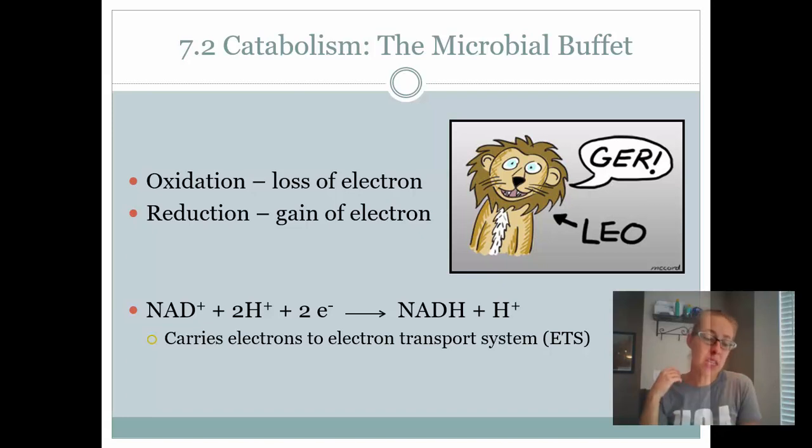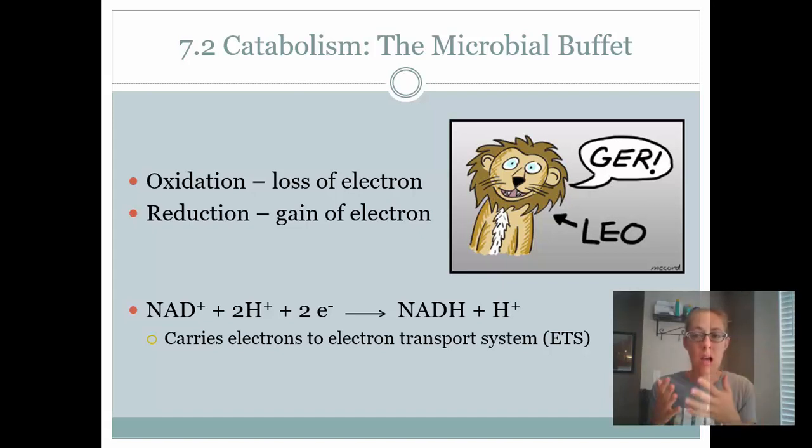So when we have these electron carriers and they're in their reduced form, they have high energy, and they can take those electrons and essentially deliver them to a series of proteins within the plasma membrane of our bacterial cells.